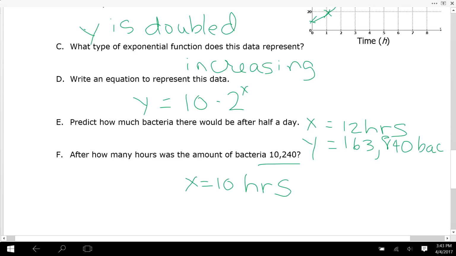Okay, so we are finding the information in the table, which is usually pretty easy to write the equation from that. And then you can put it in your calculator and use your second graph table to find the answers to the other questions. So there you go. They're quick videos again.